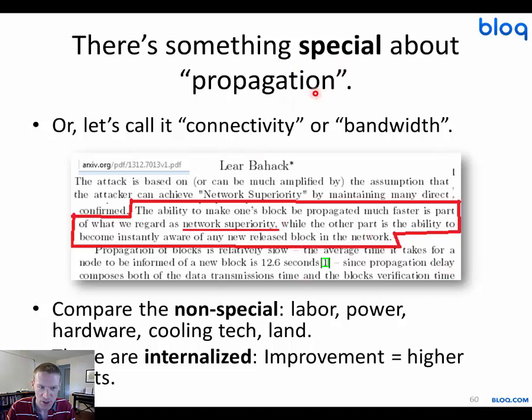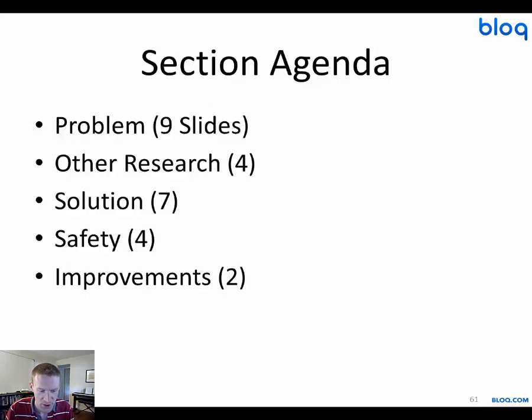So there is something special about this. It makes it unlike other full node costs and unlike other minor inputs, such as labor, power, hardware, cooling technology, land. Those are fully internalized. As you improve those, your costs go down or your revenues go up, and so you get higher profits. But this propagation thing has a little quirk, which I'm going to explain.